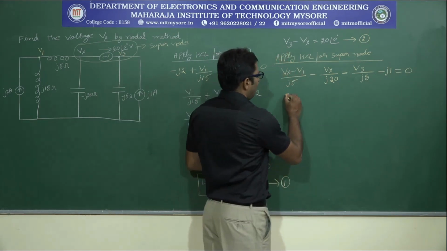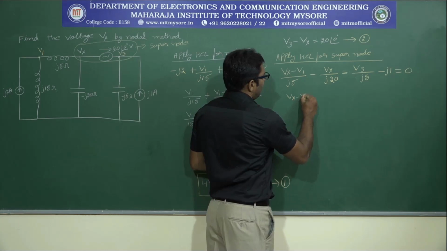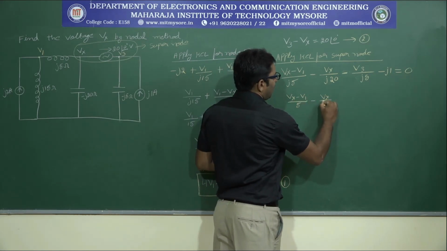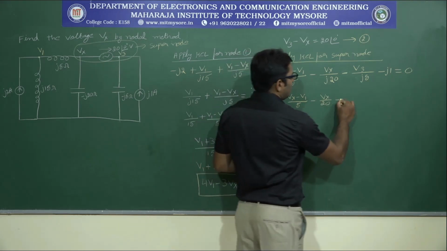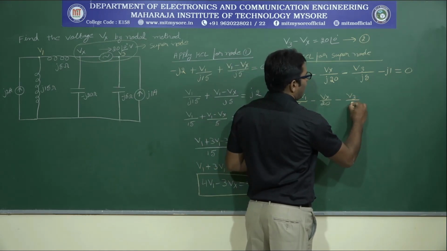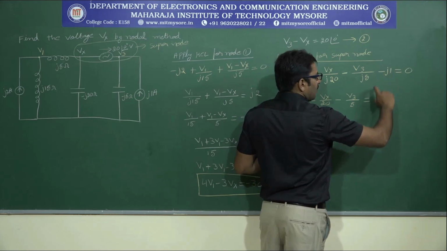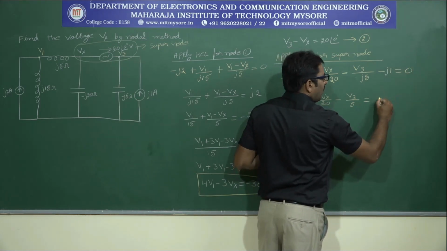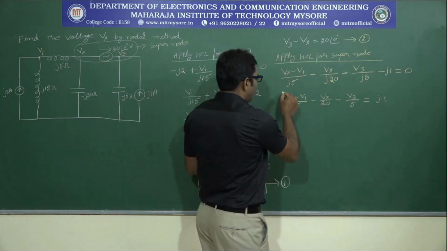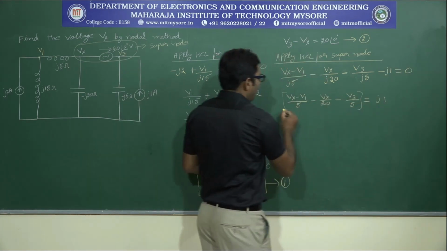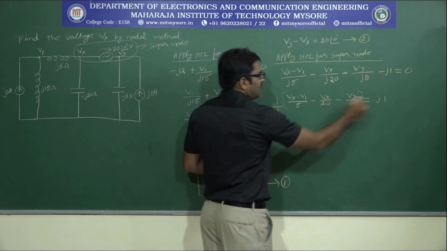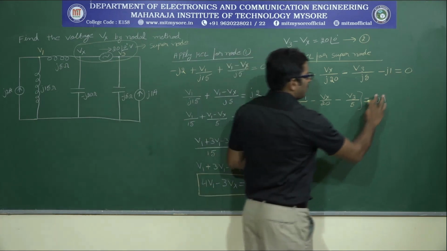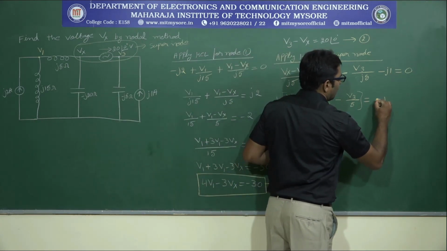Therefore, Vx minus V1 by 5 minus Vx by 20 minus V3 by 5 is equal to, this minus shifted to the RHS becomes j1, but we already took j as a common factor, right? So j into j squared. What is j squared? Minus 1. So this becomes minus 1.